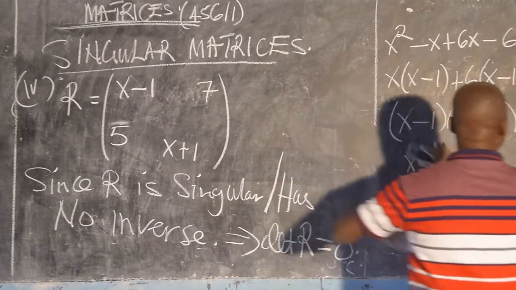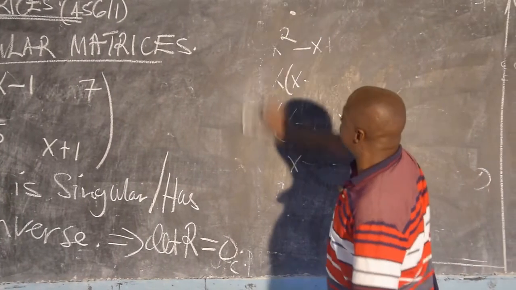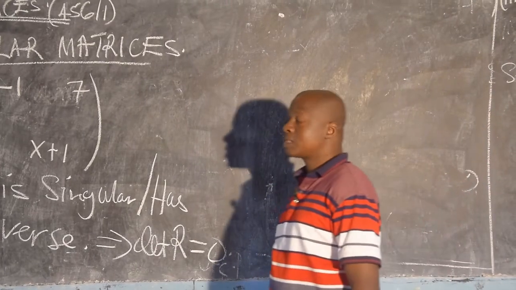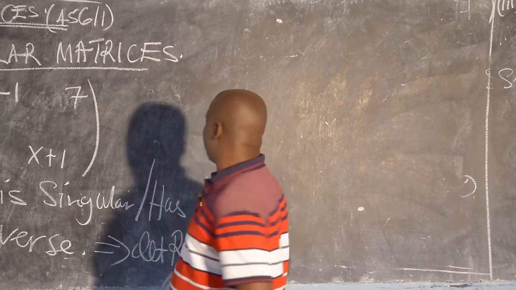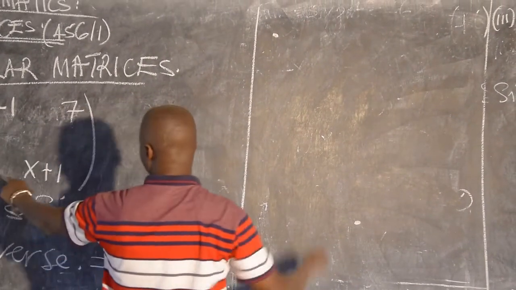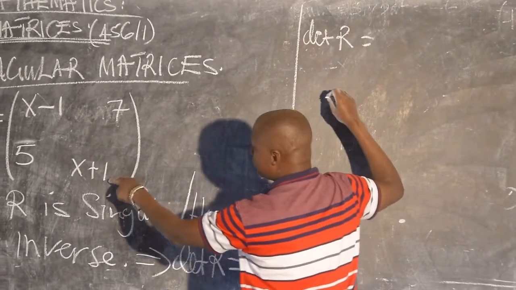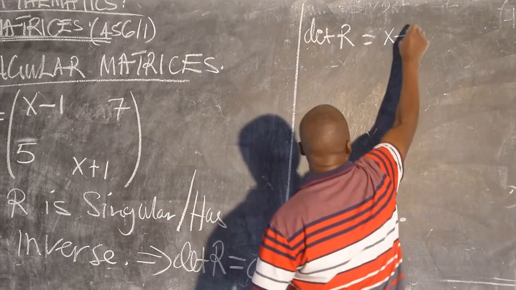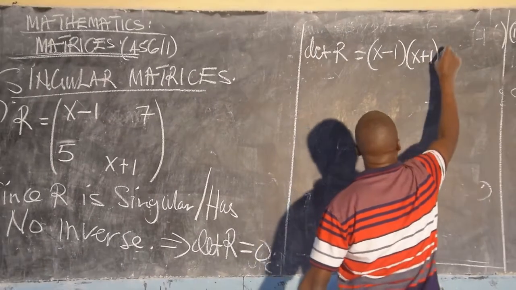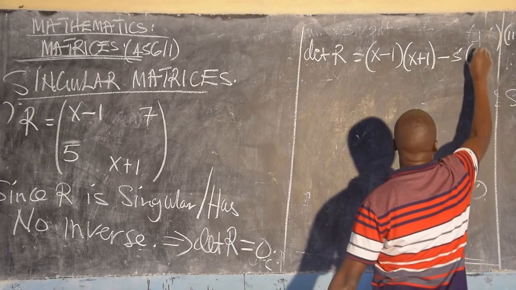Let us get the determinant of R. We say that the determinant is given by product major diagonal minus product minor diagonal.